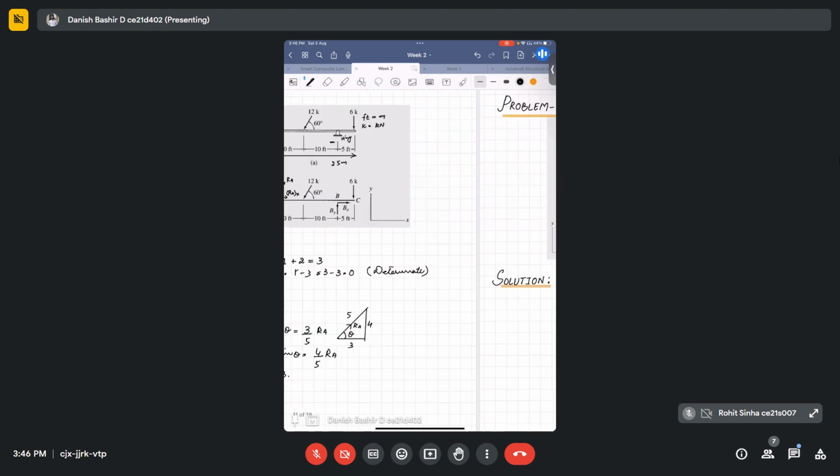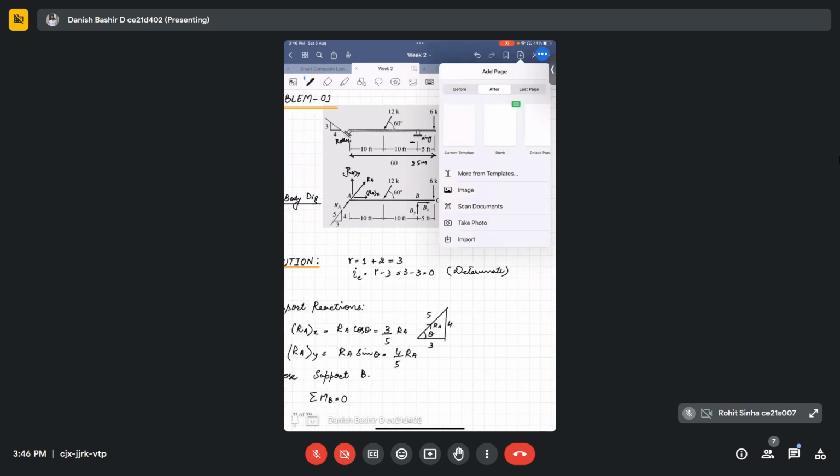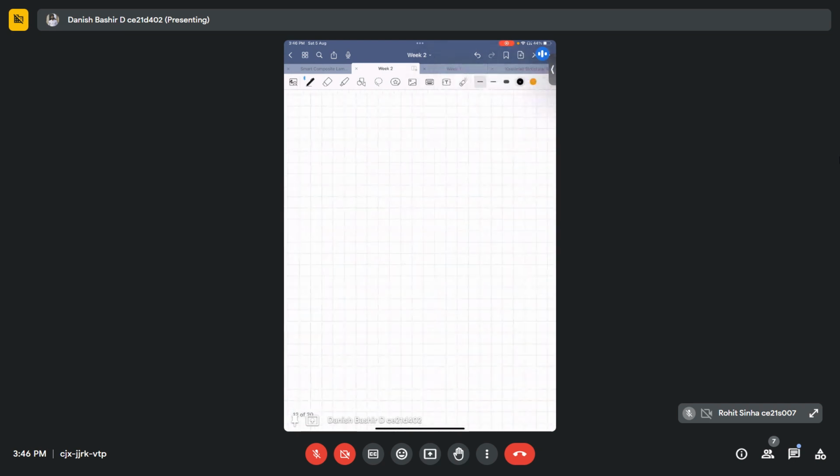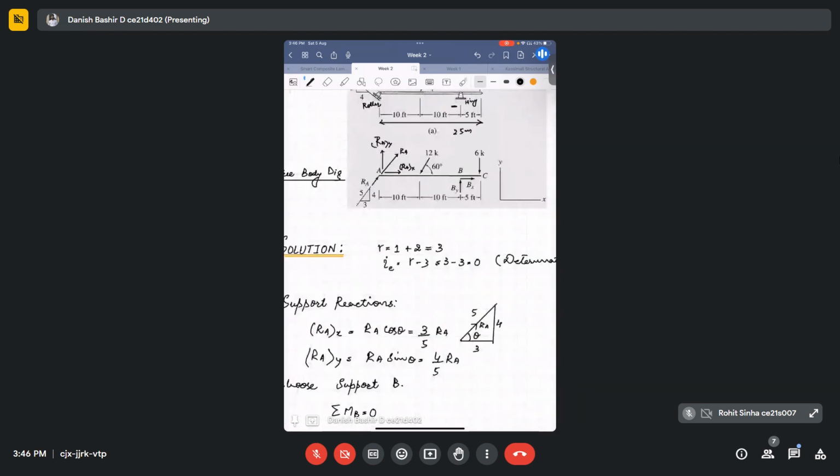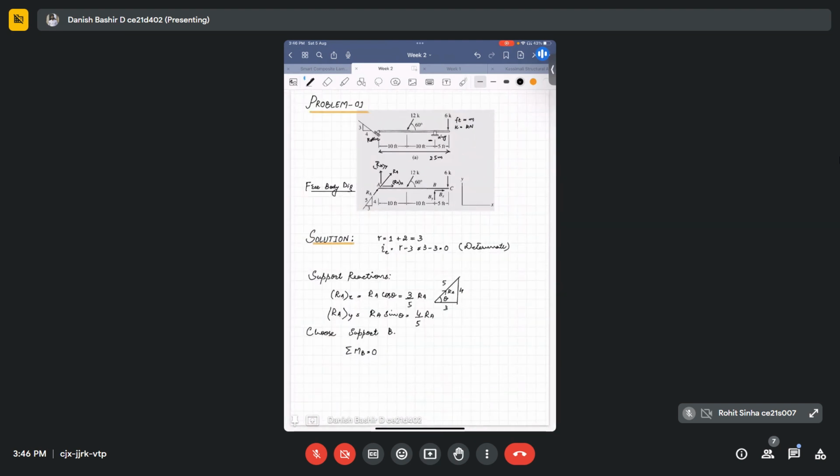So for this, we have summation MB is equal to 0, and we are taking the anti-clockwise direction as positive for the RA calculation. Let's also draw it here.